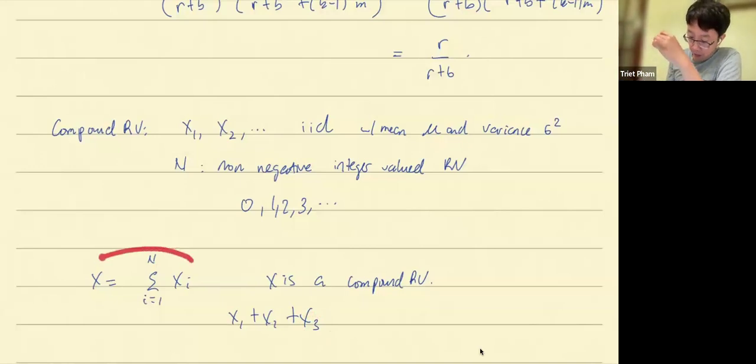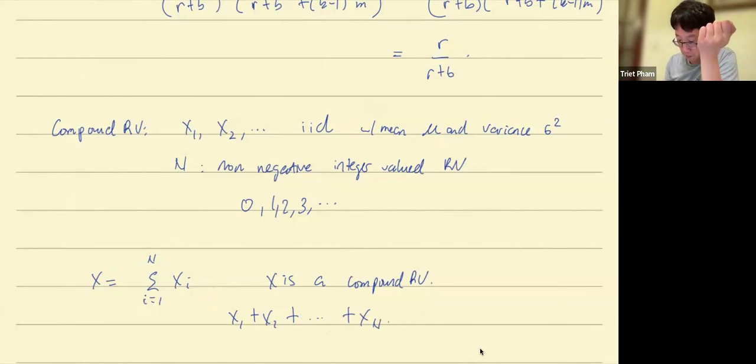With a compound random variable, you don't know how many terms you're summing. It's different each time, depending on the value of n.